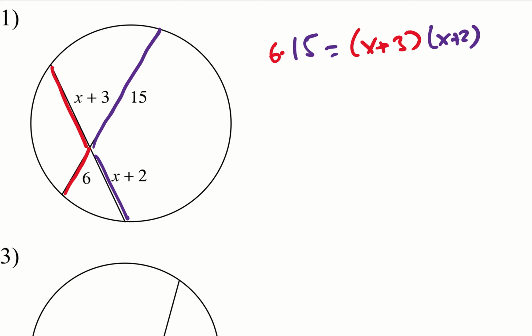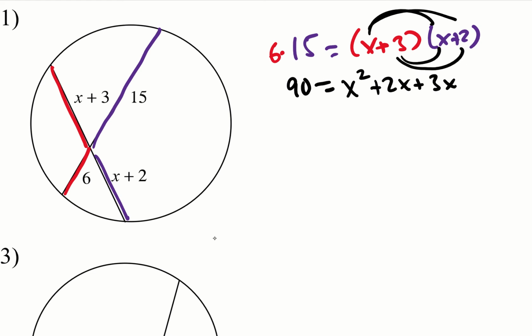So 6 times 15, 15 times 6 here is going to be 90. And then you got to FOIL this. So we got x squared plus 2x, and then 3x plus 6. That's foiling. And we got x squared plus 5x plus 6.